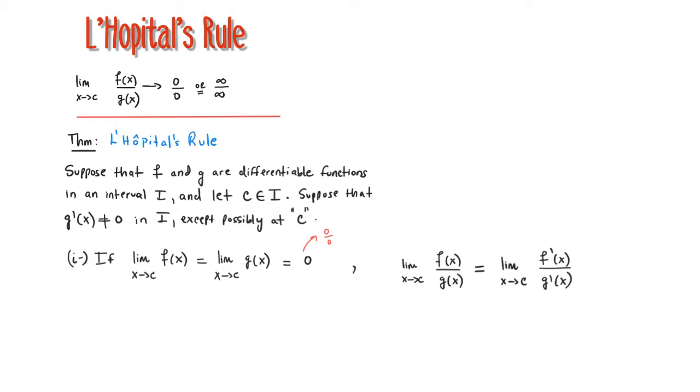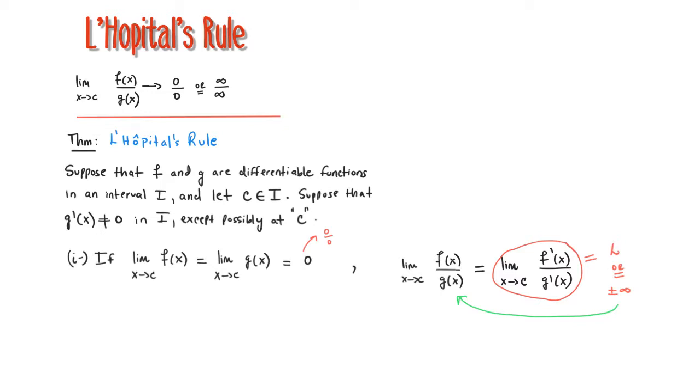It says that the limit we are trying to find, the limit of f of x over g of x, will be identical to the limit of the derivative of f over the derivative of g. So if we get that this limit is equal to L or to plus or minus infinity, then the same conclusion will be true for the original limit that we were given.